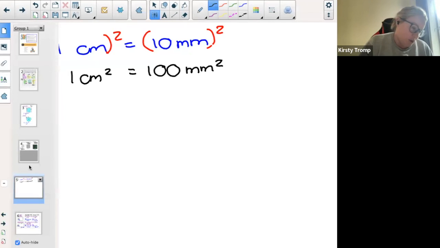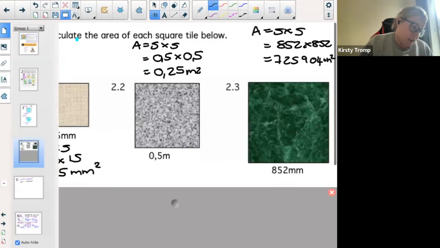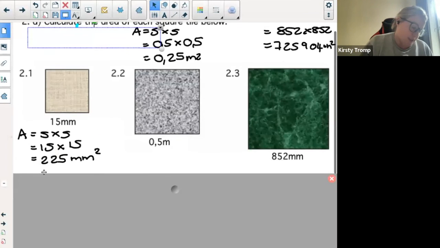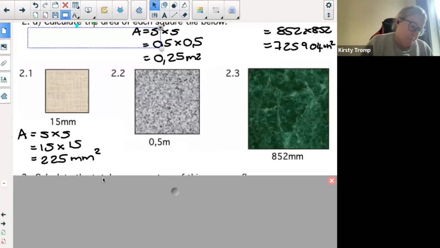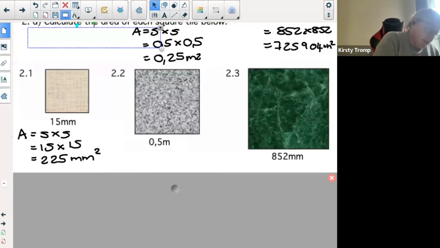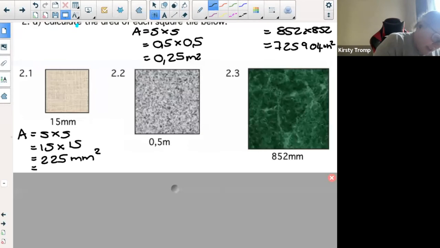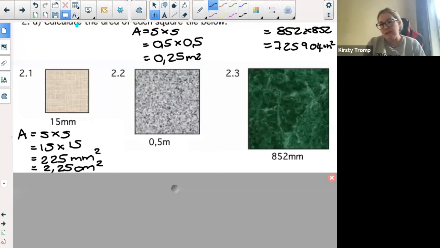All right, so if I've got this over here and it said that area was equal to 225 millimeters squared, and I wanted to convert that into centimeters squared, I divide that by 100 and it gives me 2,25 centimeters squared. So we had to divide by 100. Okay. Why are we not dividing by 10?